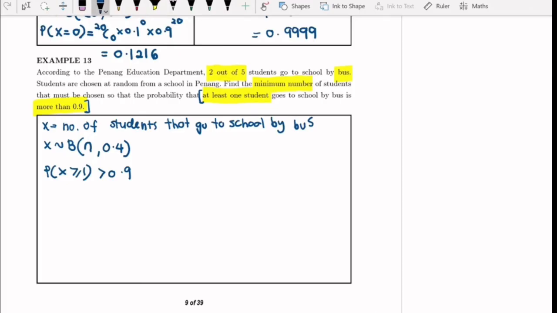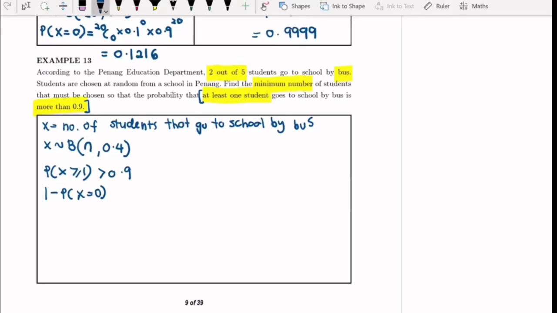Now what we can do is change P(x greater than or equal to 1) to 1 minus P(x equals 0). Why can we not straight away use the table? Because we don't know what n is, so we don't know which table or which page we want to use.